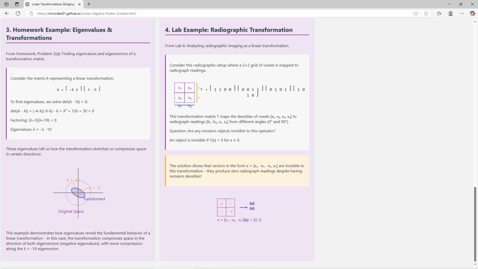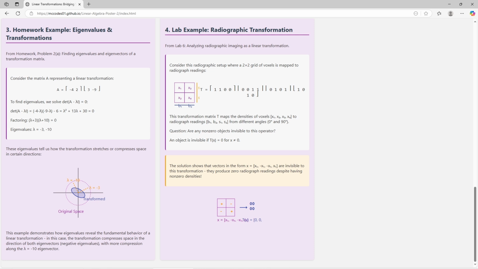So our 2 by 2 grid shows us the different tissue densities in a patient's body, right? It takes the X-ray image from different angles, creating what we call a radiograph.